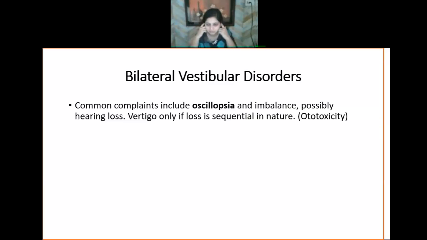Our labyrinthine system is very, very delicate, and they get bilateral vestibular disorders. If both vestibular systems are affected, total loss, nothing left, we can still try vestibular rehab. We can train them for balance and compensation. Results are not that good, but at least we can get 40 to 50% improvement.